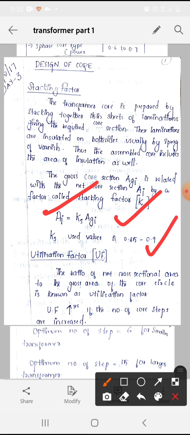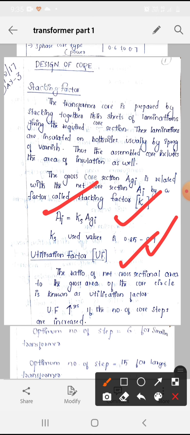Next we need to know the utilization factor. The ratio of net cross sectional area to the gross area of the core circle is known as the utilization factor.